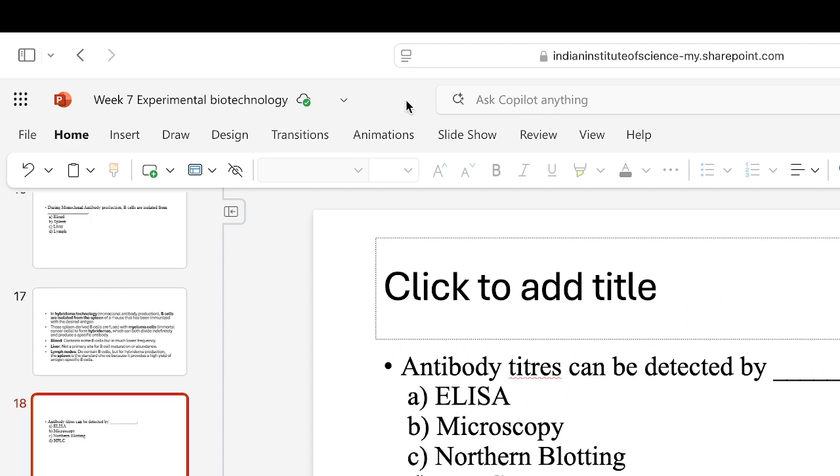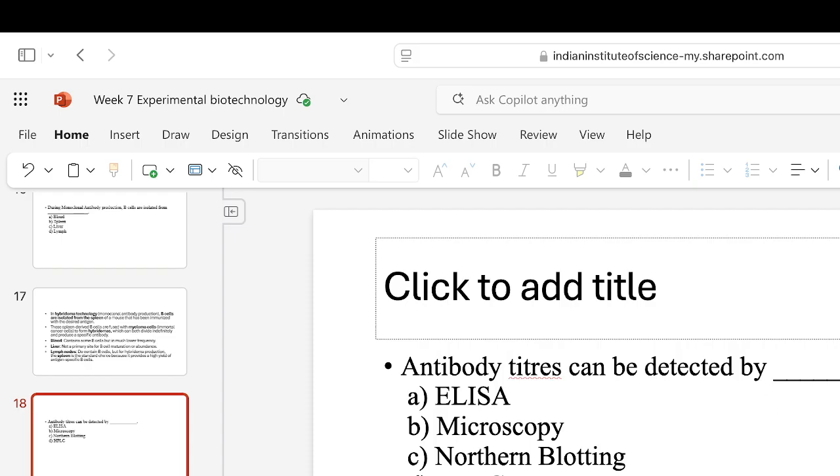The next question is: antibody titers can be detected by, and four different methods are given here: ELISA, microscopy, northern blotting, and HPLC. So for this question, we had discussed it earlier as well.